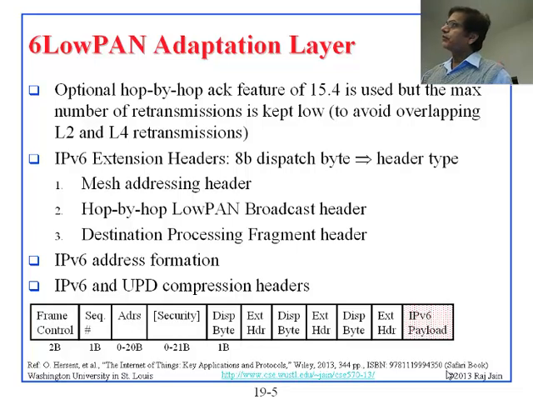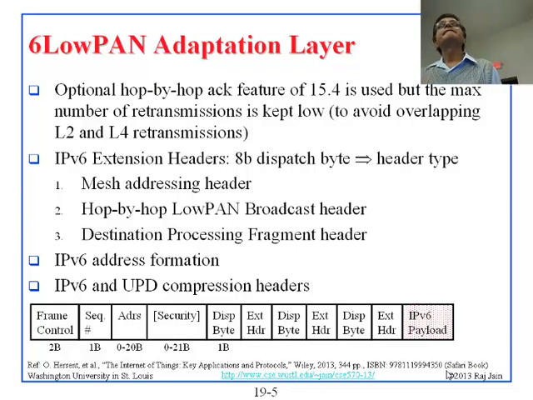There is a frame control field, there is a sequence number, then there are addresses, security, but the most important thing to know is that there is a whole bunch of headers which are each preceded by a dispatch byte. The dispatch byte tells you what the header is about. Then there is another dispatch byte which tells you what the next header is about, and so on and so forth. We'll talk about those headers.